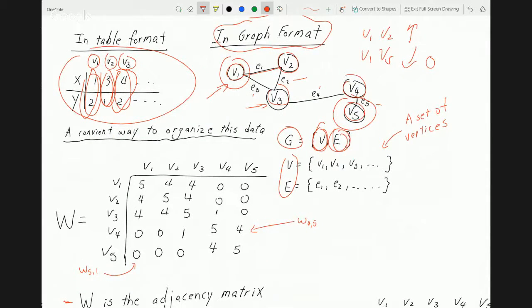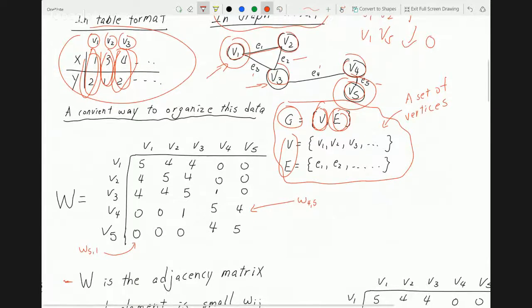And we can summarize this entire graph using something called the adjacency matrix, which we denote as capital W. This is a convenient way to organize the data, which essentially gives a weight for every possible connection.